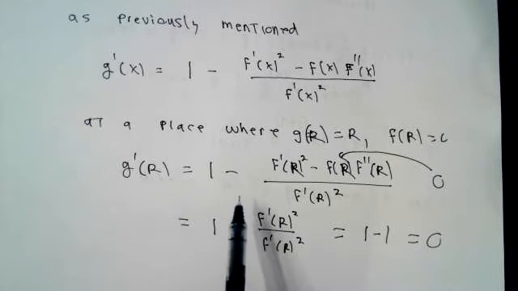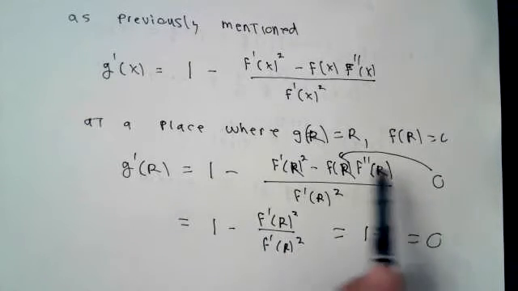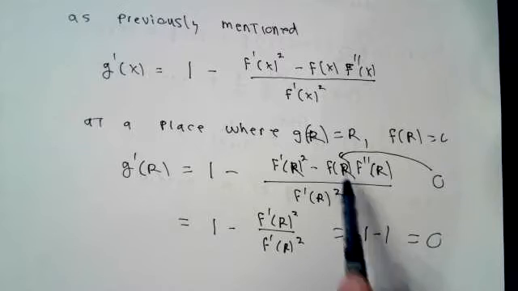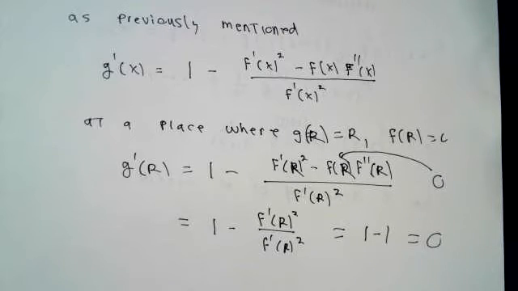g prime at r is 1 minus this fraction, but this factor is 0. So the second term in the fraction upstairs is 0. g prime at r is 1 minus something divided by itself, which is 1 minus 1, which is 0.